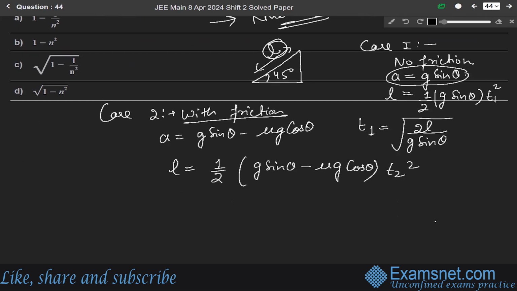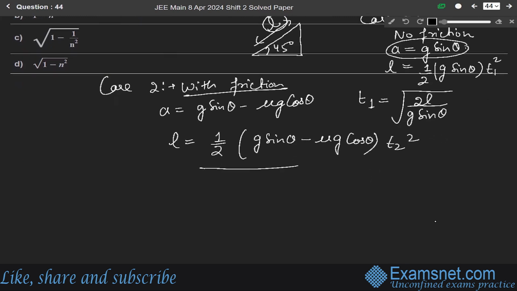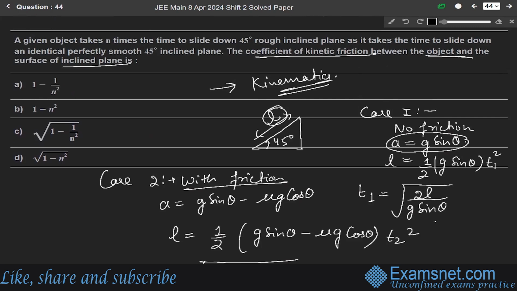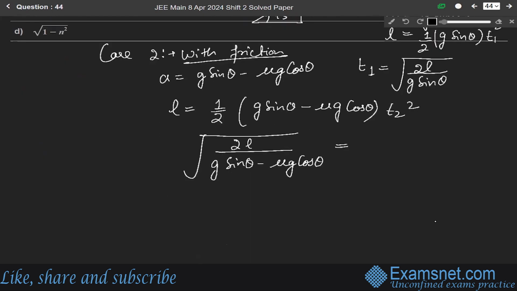So for this, we'll get T2 as under root of 2L over g sine theta minus mu g cos theta. It will be equal to n under root of 2L over g sine theta.